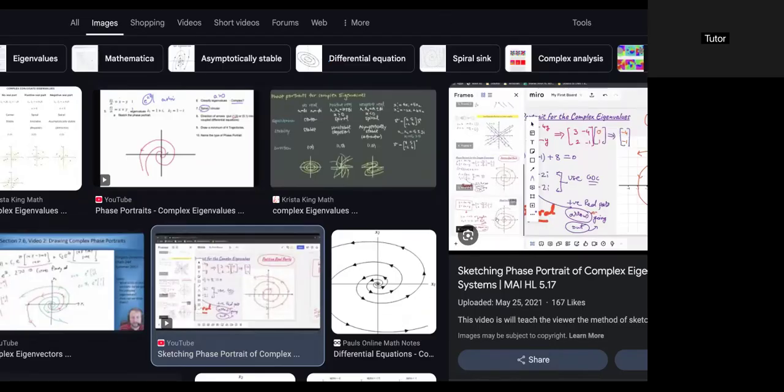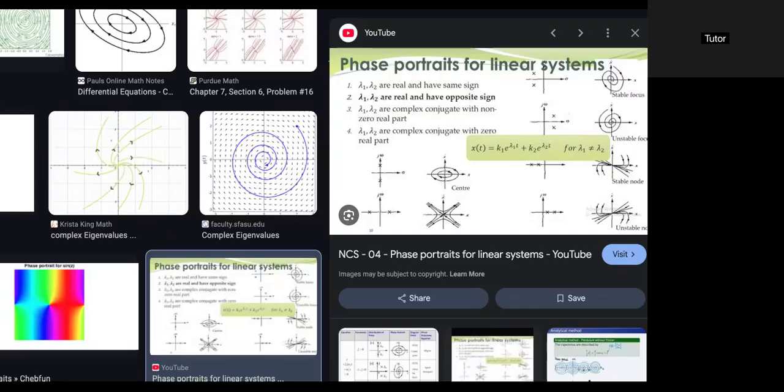We would have to go back to our matrix. And we see here that when lambda 1 and lambda 2 are complex conjugates with a non-zero real part, as is our case, we have a spiral.